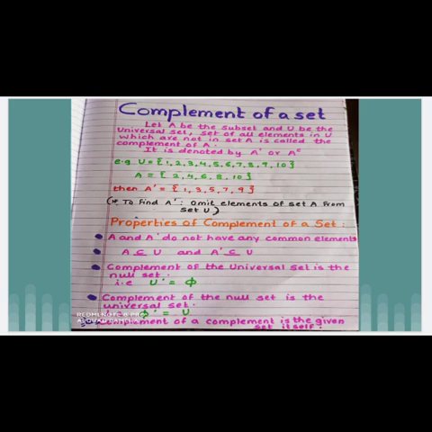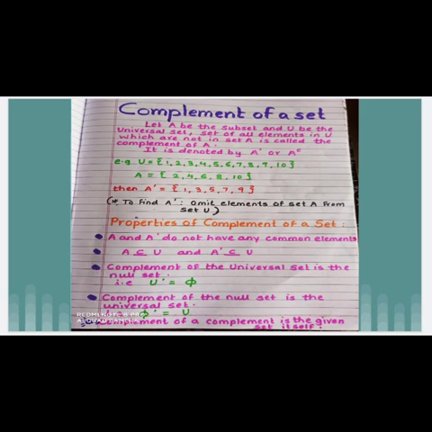Hence we got here {1, 3, 5, 7, 9}. So keep in mind, to find A dash, that means A complement, omit elements of set A from set U. Omit means subtract. Okay, cut out.